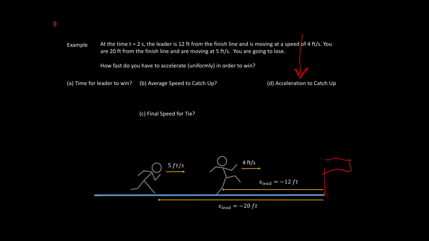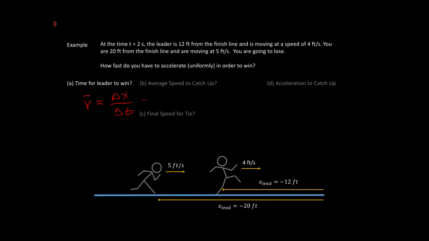All right, so first, the time for the leader to win. What do we need to do to find that? We're going to go back to what we were doing previously. We were using our definition of the average velocity, which is delta x over delta t.